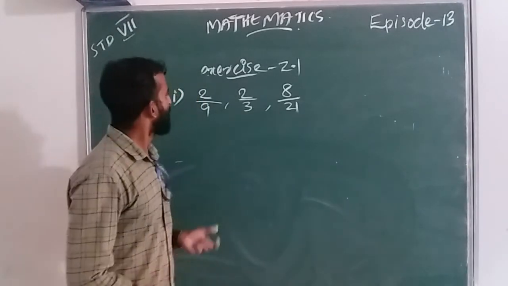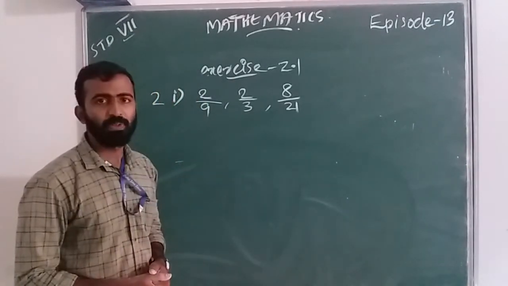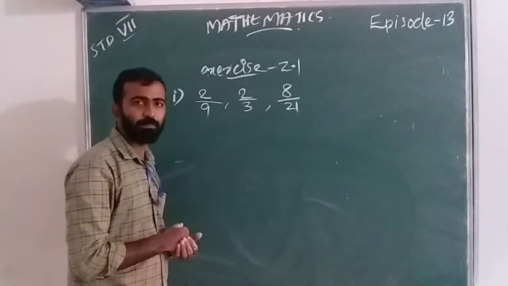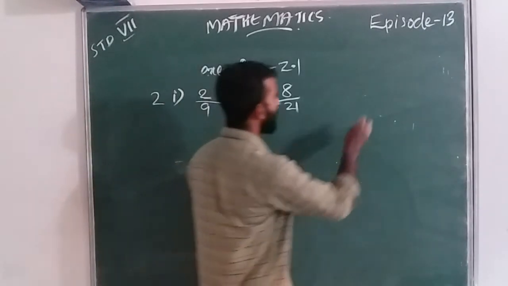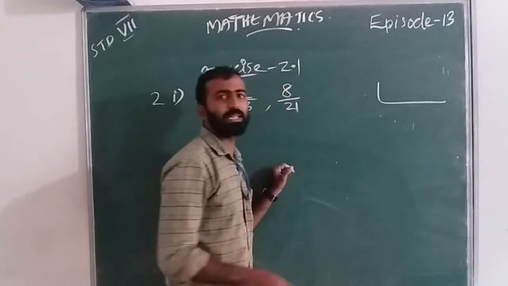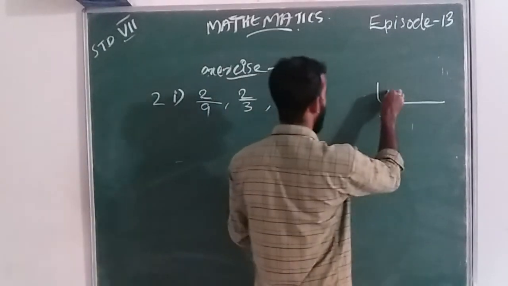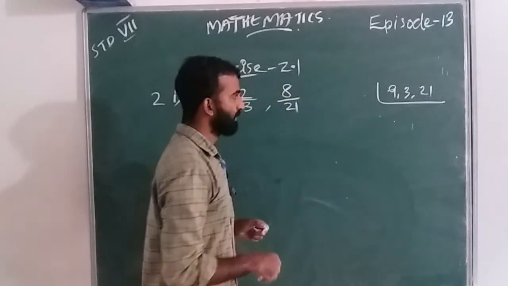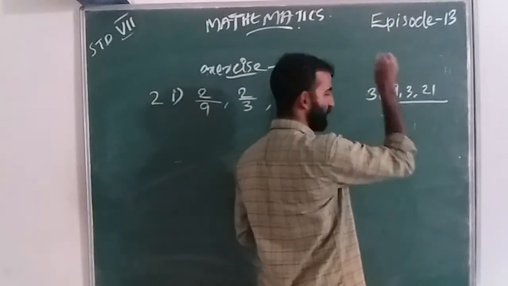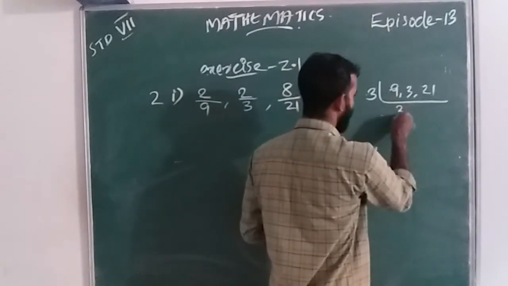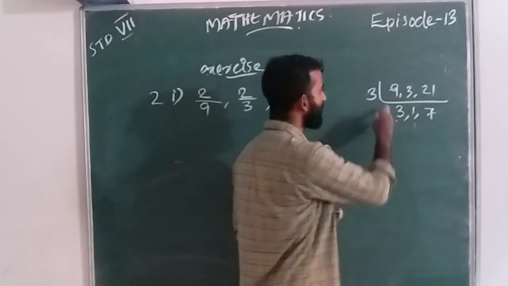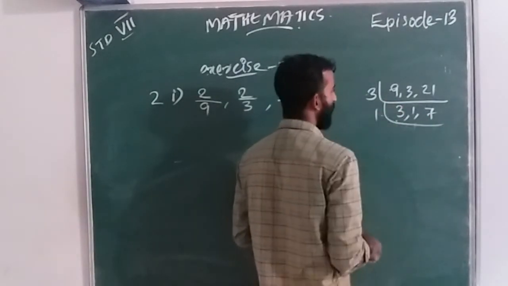Which one is big? For that, we want to make the denominators the same. For making the denominator the same, we take the LCM. Here 9, 3, 21. Here 3 is common, so we get 3, 1, 7. Now 1 is not a common factor.